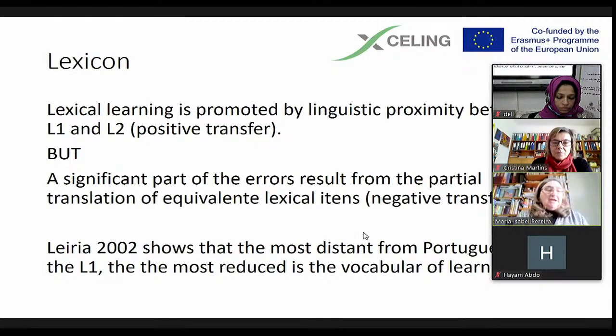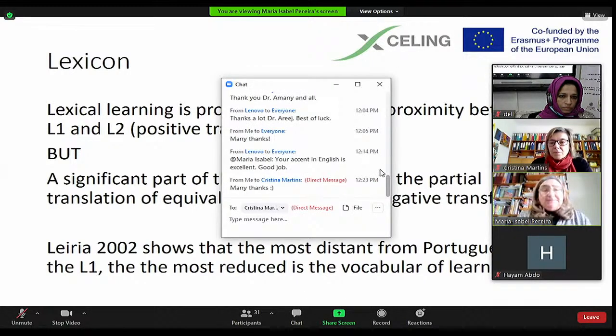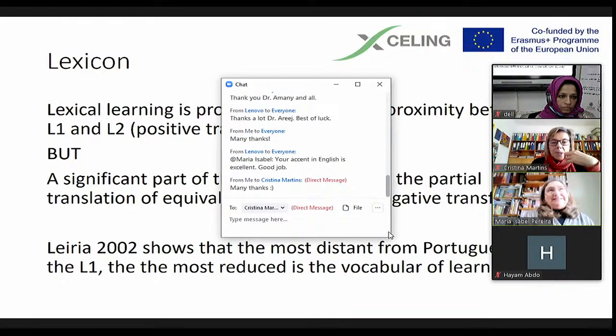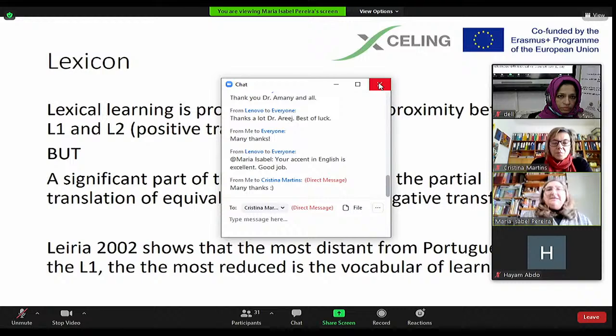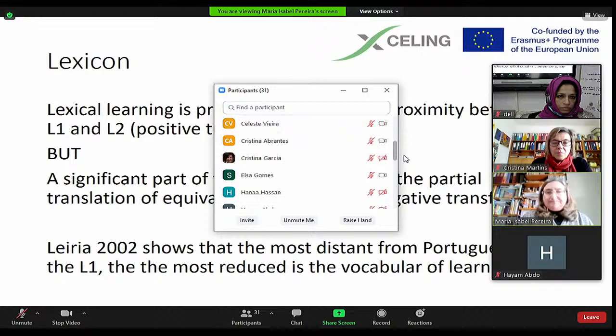So their vocabulary is reduced to the items of Português Fundamental, which is the set of words that are most commonly used. And some lexical items are quite frequent in their speech.